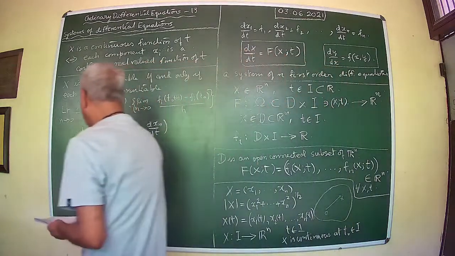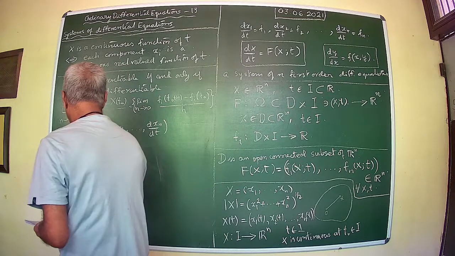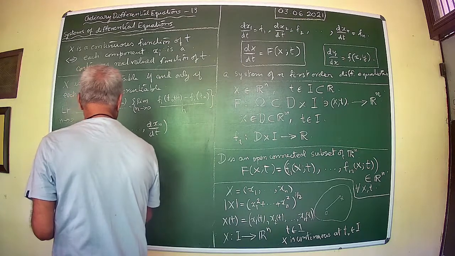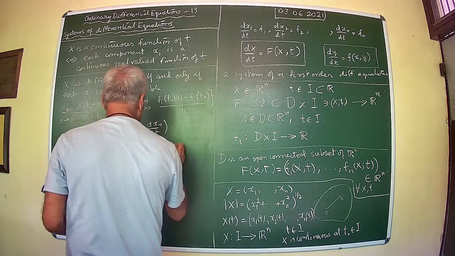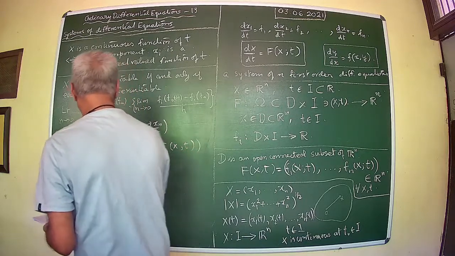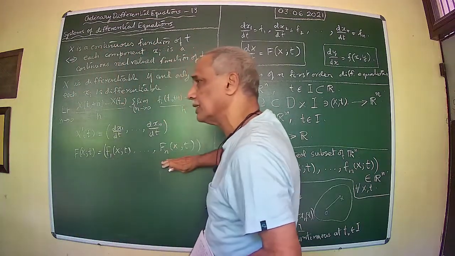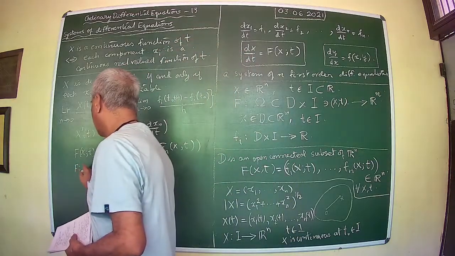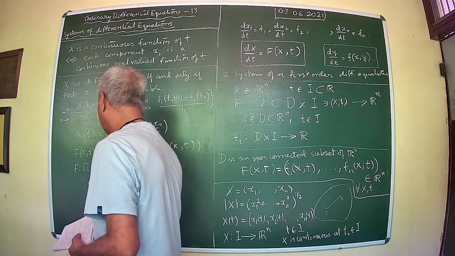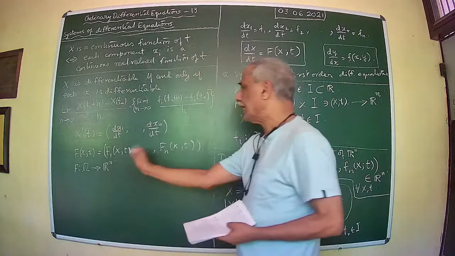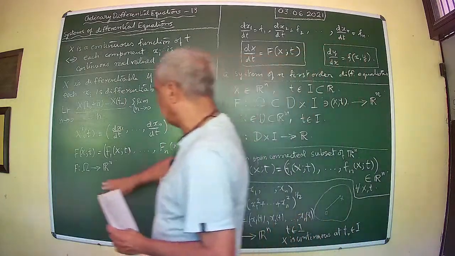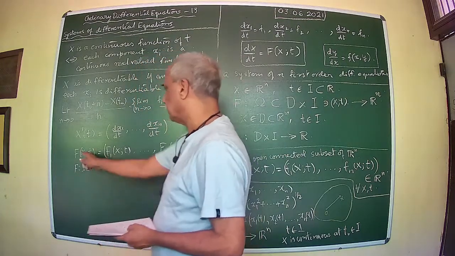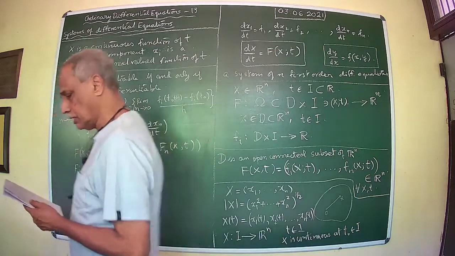Now, of course, f of x(t) is as I have described. Each one of these components is a real valued function. So f is a map from omega to R. You can have the notion of continuity. You have a topology here, you have a topology here. So you can talk about continuity of f with respect to the variables. So these are all usual things.